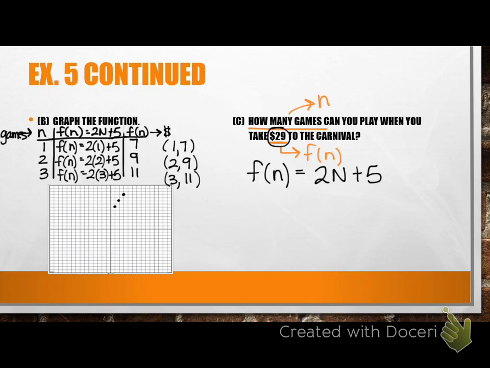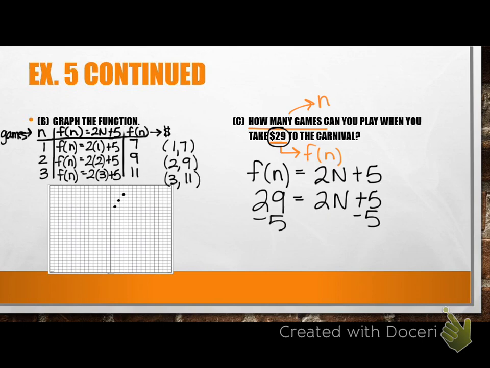So where is that money going in our equation? It's going in place of f of n, right? So we're going to plug it in place. We're going to put 29 equals 2 times n plus 5. And look at us. We're right back to chapter 1 where we learned to solve an equation. How do we solve for n?